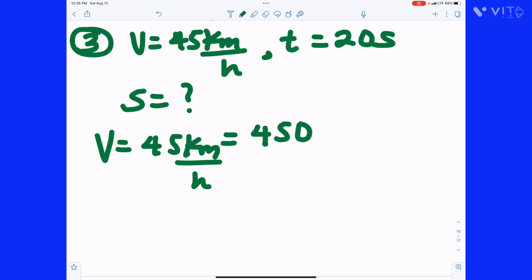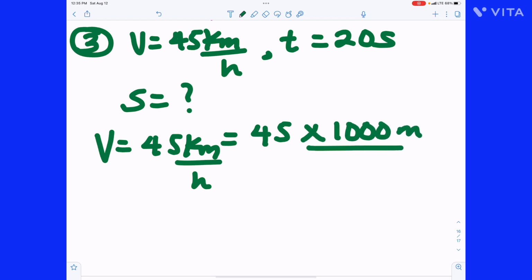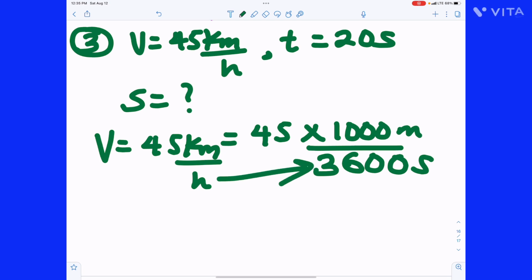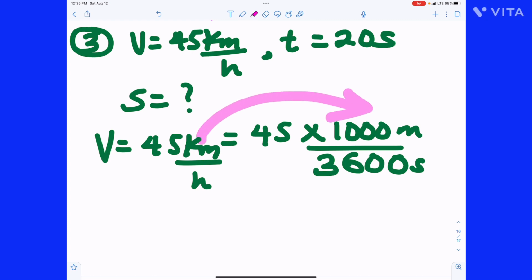How do you change kilometer to meter? Times 1,000. 1 hour is 60 times 60, because 1 hour contains 60 minutes and each one contains 60 seconds. So 1 hour is 3,600 seconds. 1 kilometer is 1,000 meters.